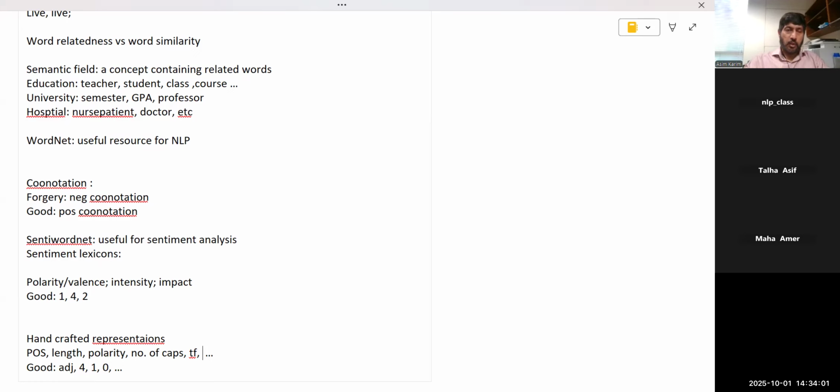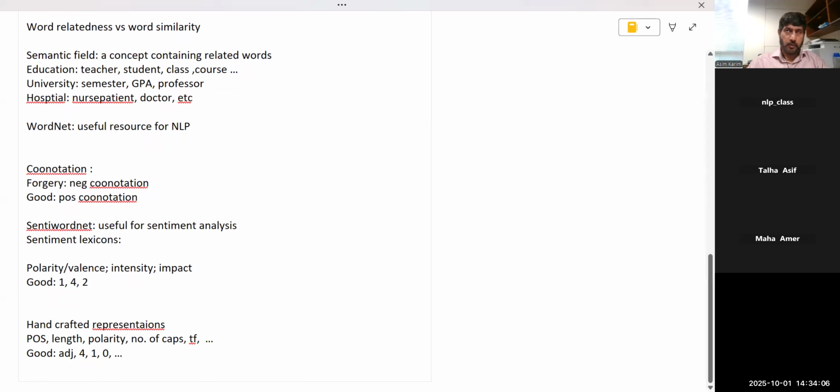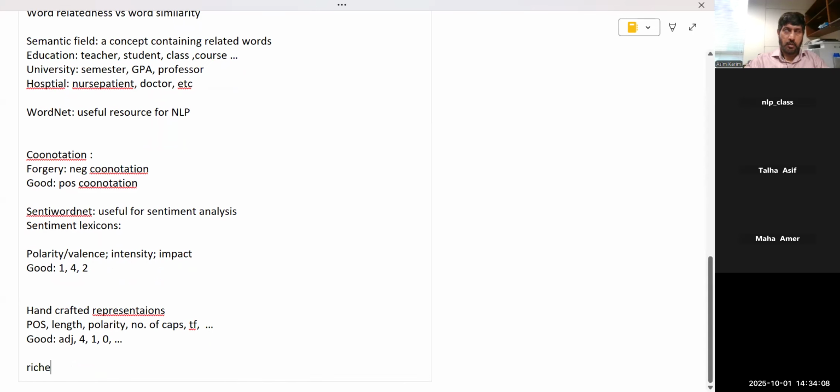Okay? So we want richer representations for words. So richer representations for words are needed. ठीक है?